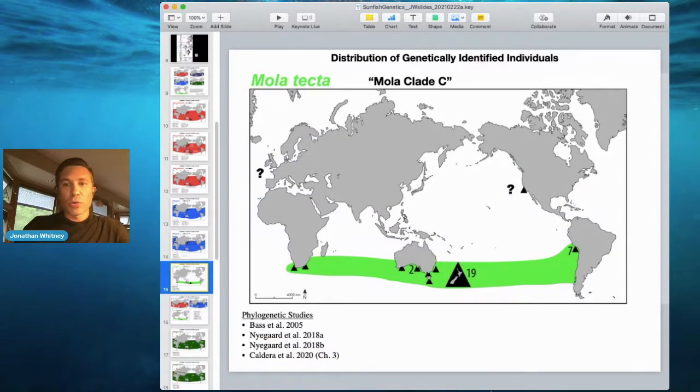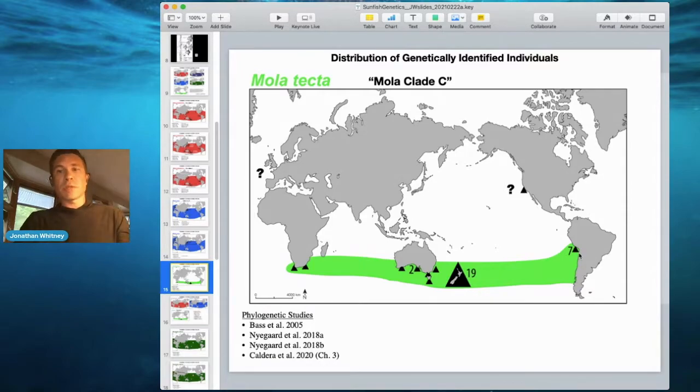So moving on to tecta. Tecta has a much narrower distribution, as Mayana was highlighting earlier. So they really appear to be Indo-Pacific, with this core distribution in the southern hemisphere, going from South Africa into Australia, New Zealand, and then recently our work confirmed that they're on the coast of South America, including Peru, and very likely Chile.